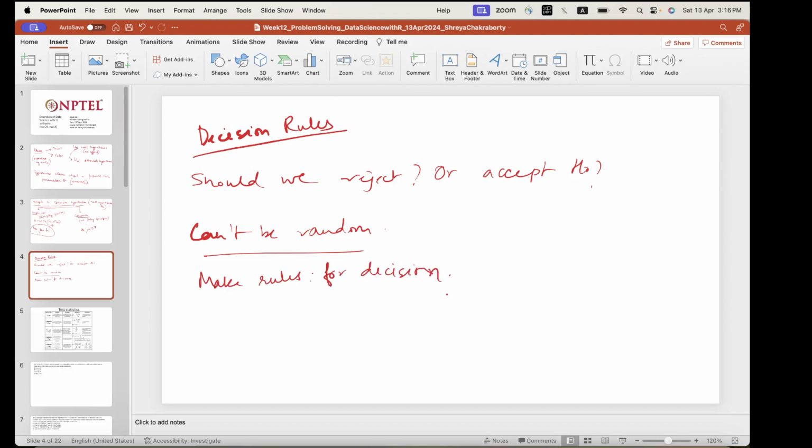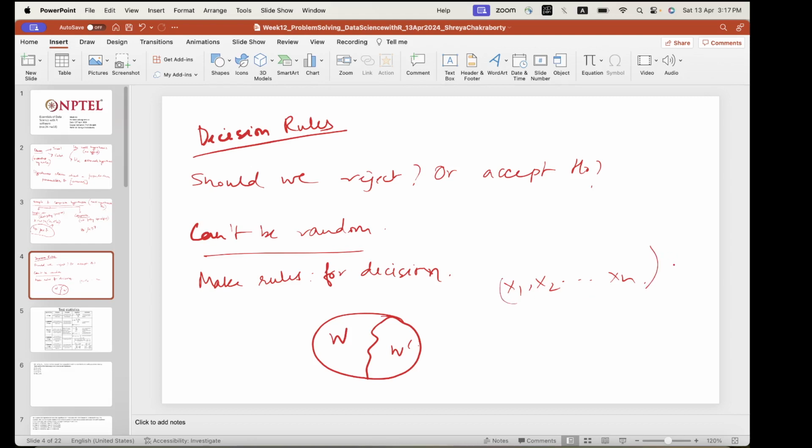So let's say we have this region, let's say this is my decision space, this one is my W and this is W complement. Now if we have x1, x2, xn, then some function of these, because our decision would be guided by the sample at hand, whatever evidence we have.